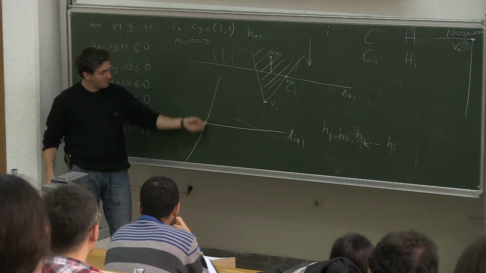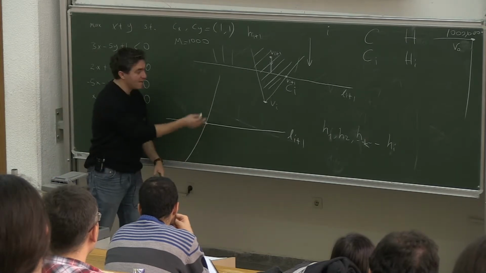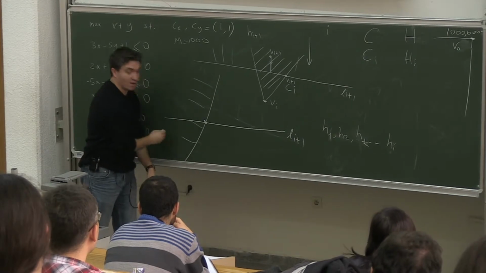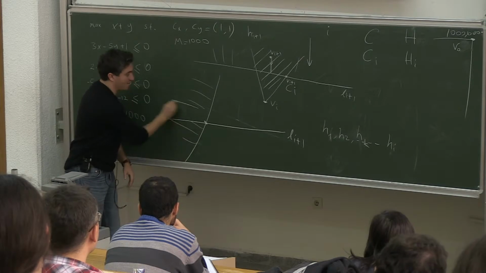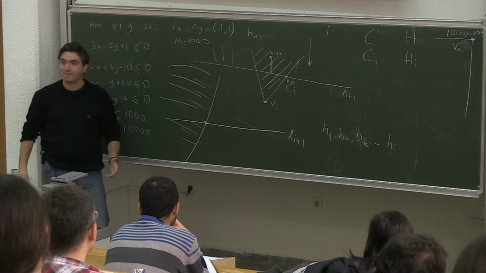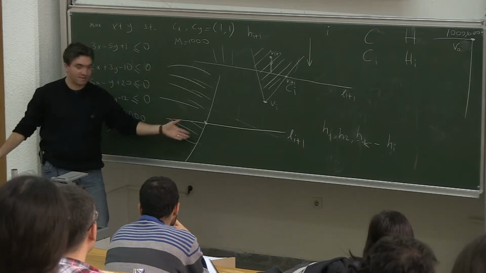And it depends on whether this line bounds the half plane on the left or on the right. For example, if this traced part is the feasible region of this half plane, then what does it tell us?